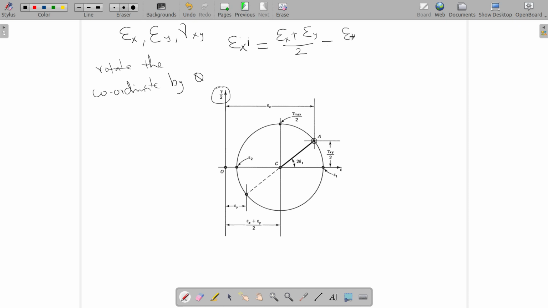Okay, plus epsilon x minus epsilon y by 2 cos 2 theta plus gamma xy sin 2 theta. Yeah, I forgot about the half. That's why I talked about the half in the beginning. The half must be there.